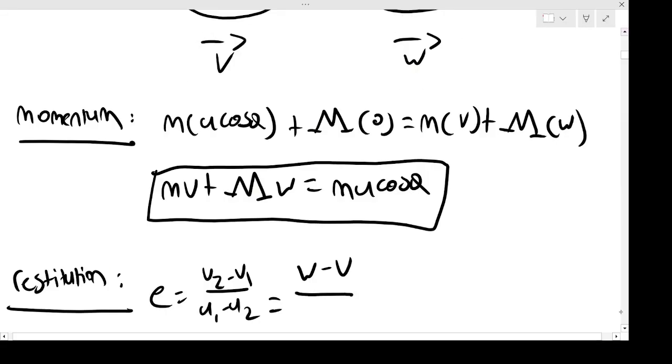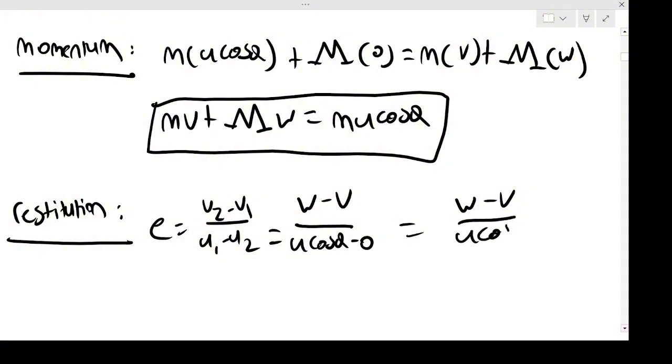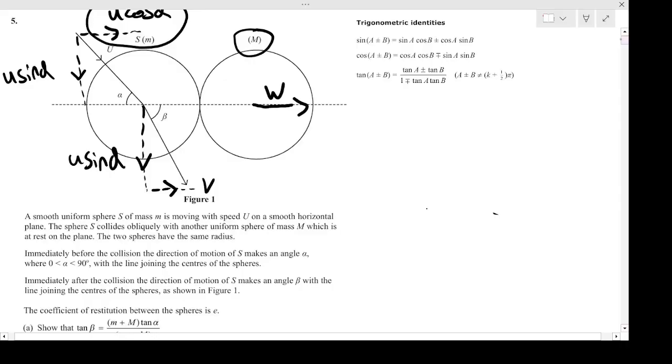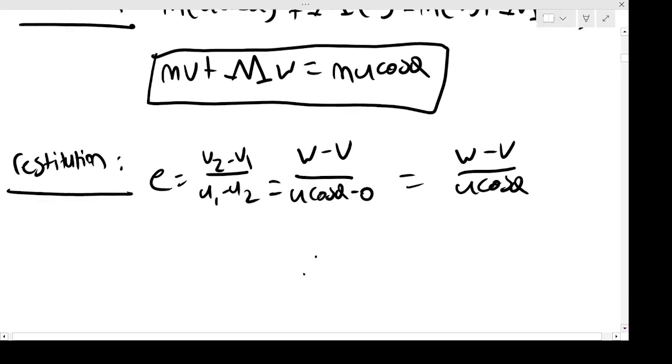Then u1 take away u2, that's just going to be u cos alpha take away 0. So that'll go to W minus V over u cos alpha. And again, I'm not told what e is, so I'm just going to leave it as e. Okay. So therefore, eu cos alpha is W minus V. And there we are.